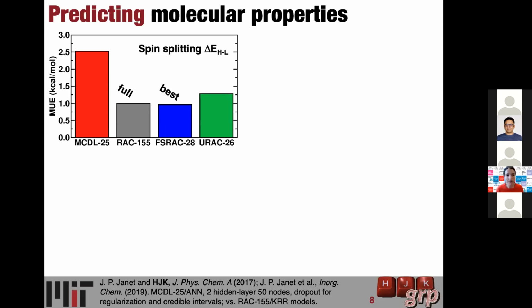But when we applied feature selection, we could get down to similarly sized feature vectors similar to the sparse nature of MCDL25, where MCDL25 is in fact very metal local and generalizes well because it is so sparse. And we did this without any loss in accuracy.